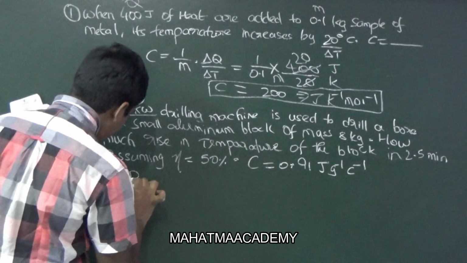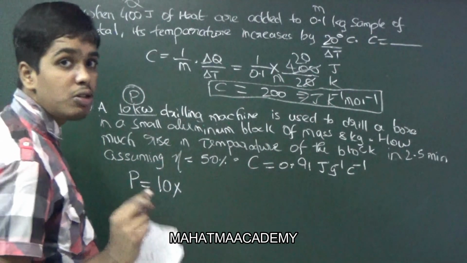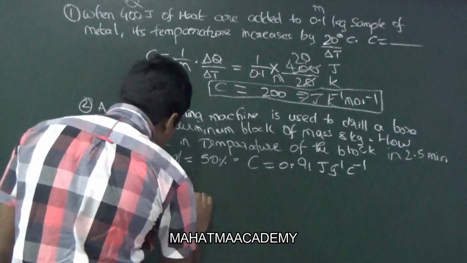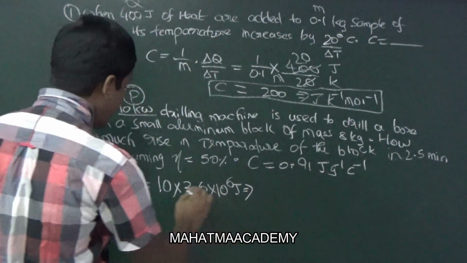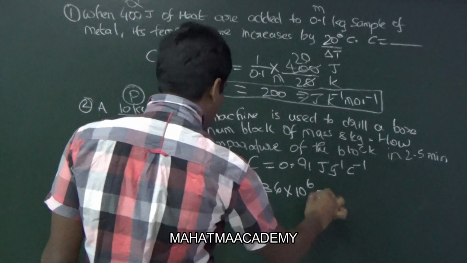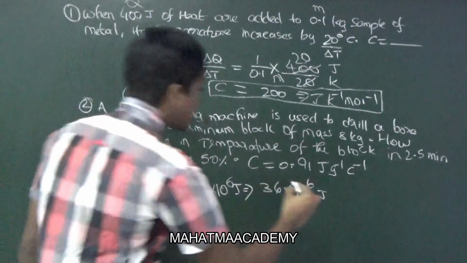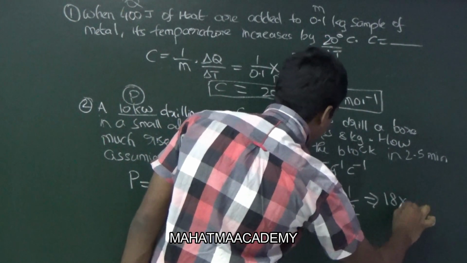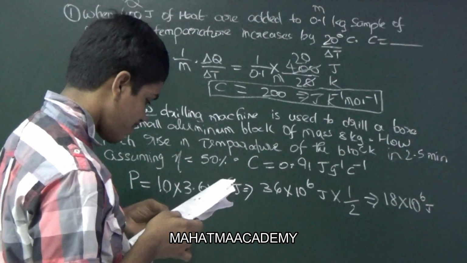First, P is equal to 10 kilowatt. We want to write it in joules: 3.6 into 10 to the power of 6 joule. Now it will become 36 into 10 to the power of 6 joule into 50%, because it is efficiency, into 1 by 2. So 18 into 10 to the power of 6 joule. I hope this is correct.